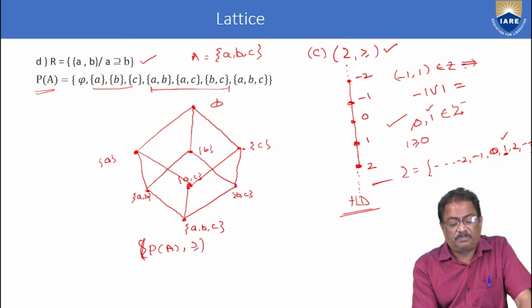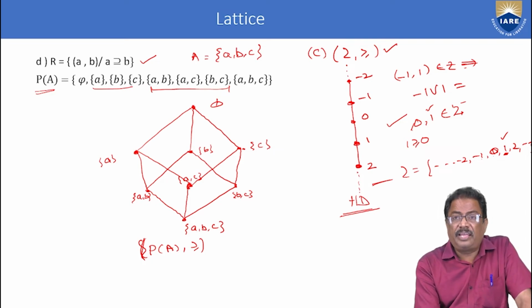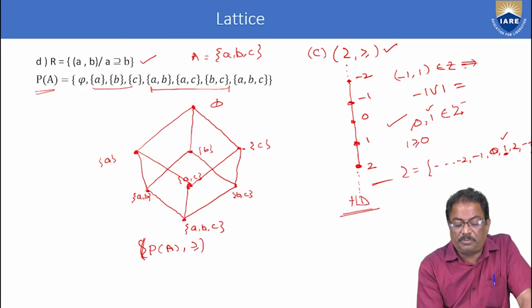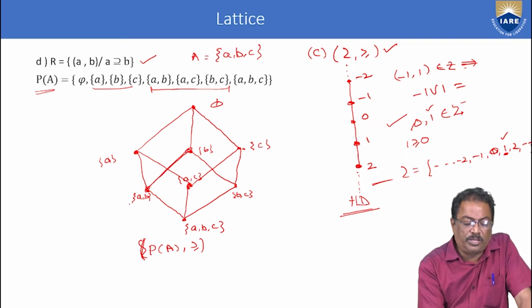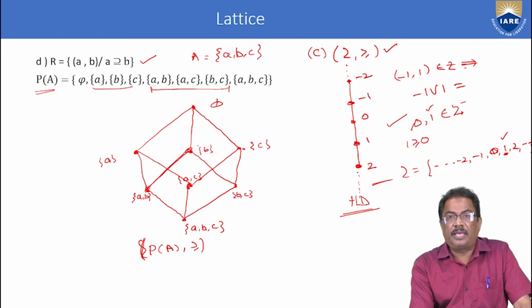Now you observe here, consider any 2-element set, whichever way you consider it. Let us say I am just taking this 2-element set, B, AB.